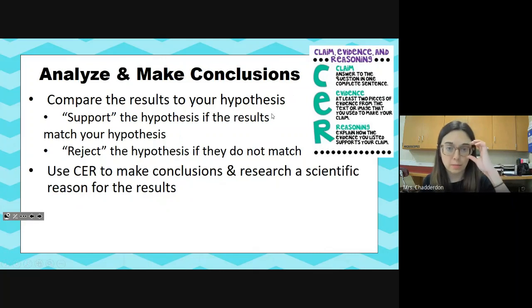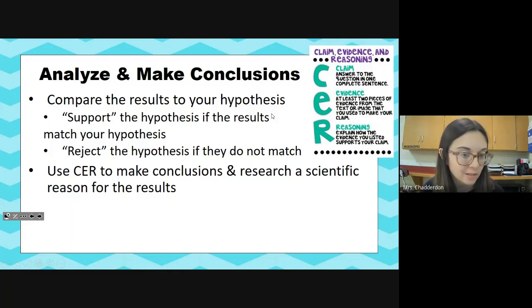And lastly, we need to analyze our data and make conclusions. We're going to compare the results that we got to our hypothesis. It's important to know that if the results match your hypothesis, you will support it. We're not going to say my hypothesis is true, or it's correct, or it's factual, okay? We're going to say support.